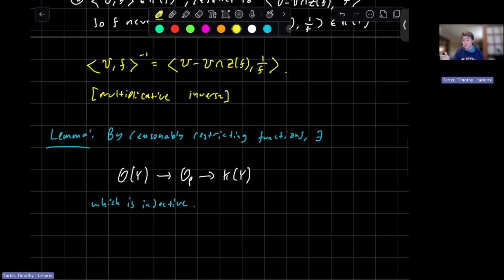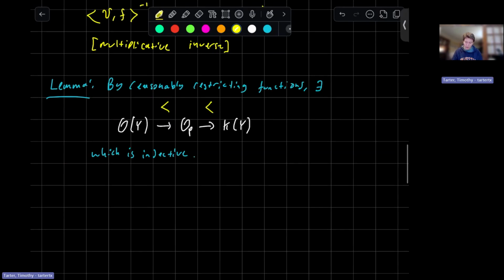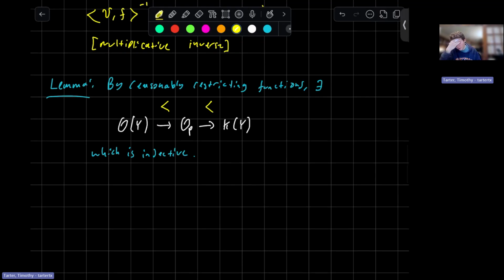So thinking in terms of set cardinality, O_Y and O_P are subrings of K_Y.